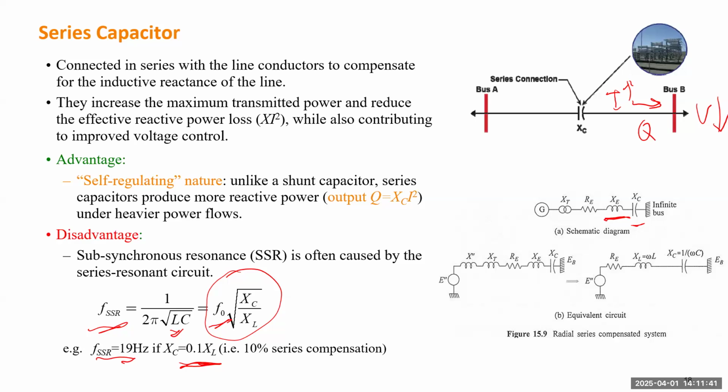So you always want to add some compensator, but this compensator will cause this subsynchronous oscillation. Even if you compensate just 10% of the reactance, you will generate a 19 Hz oscillation. So you also need to design a controller to mitigate this subsynchronous oscillation. Or you can detect the oscillation, and if it is detected, you switch off this capacitor.